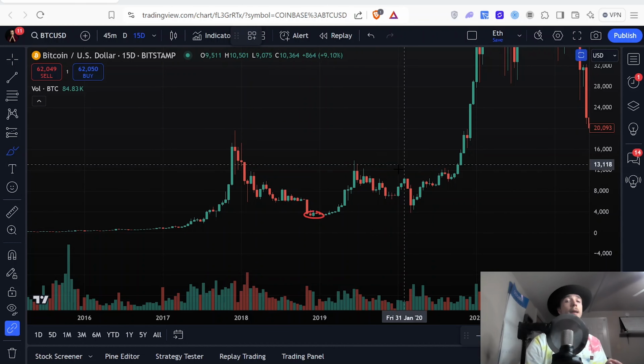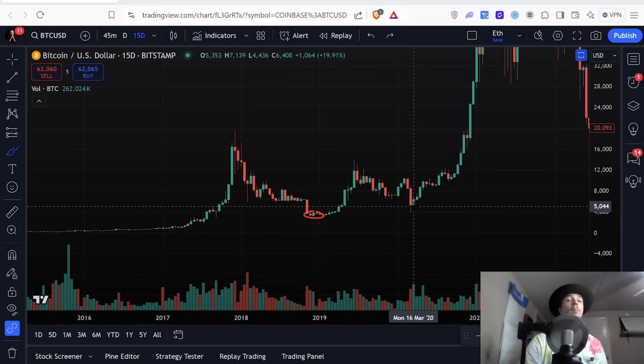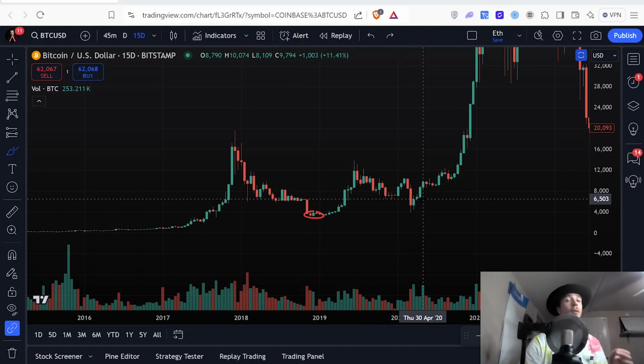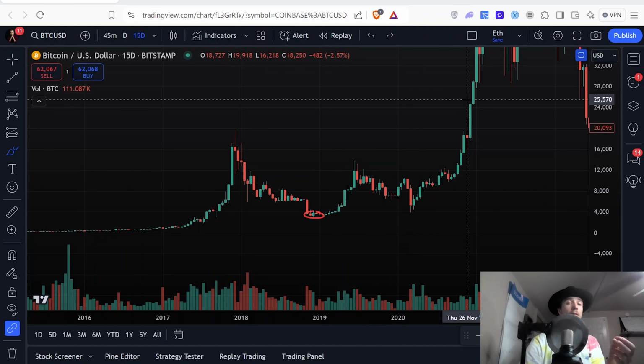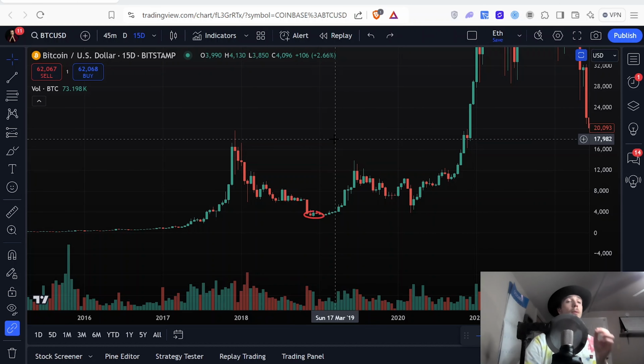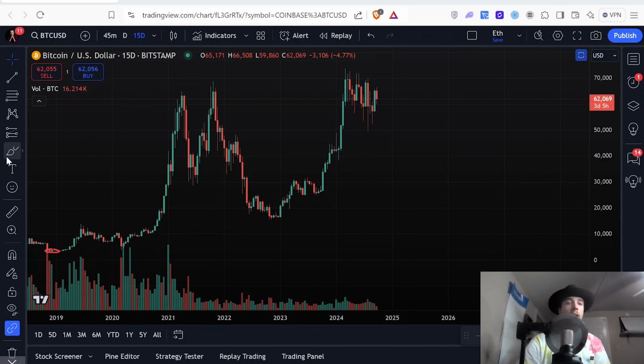And when COVID hit and the price dropped right here, everybody was bearish. But because of the market cycle, I knew we were going to increase in value. And we did. We went vertical after that. So market cycles can help you understand the human psychology taking place in the market so you can make the most money in crypto.